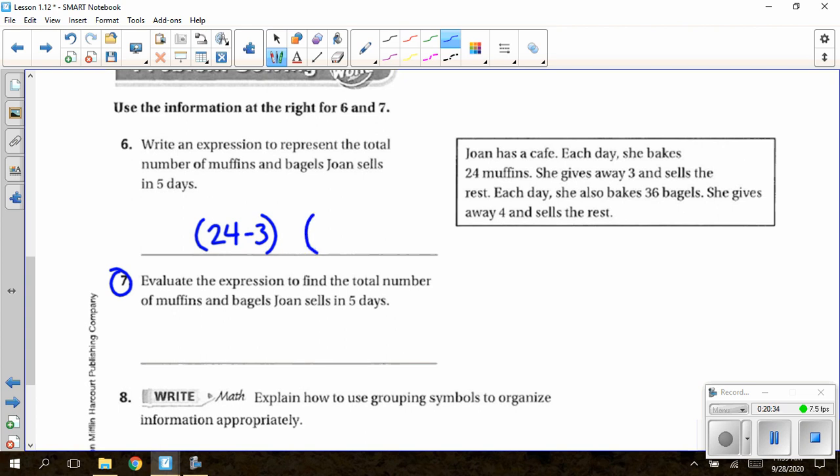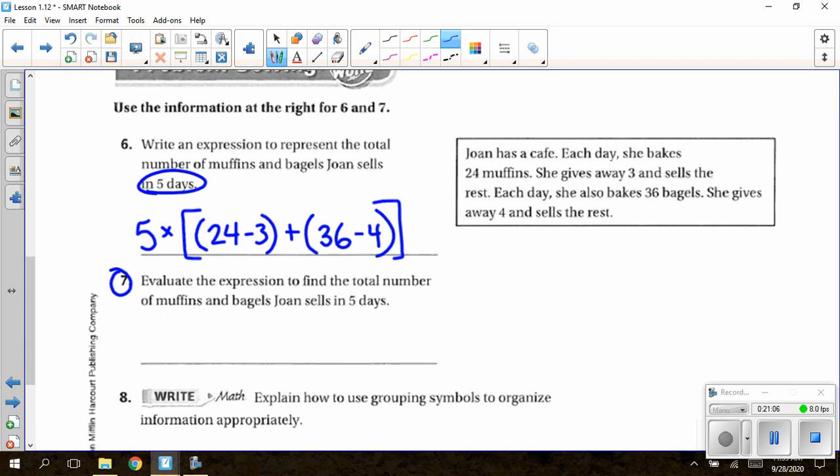We know she has 36 bagels that she makes, but again she gives away 4 of them, so 36 minus 4 in parentheses to show how many bagels she would sell in one day. Now to find our total, we know we would have to add those 2 together. But notice we're supposed to be doing this for 5 days. So I am going to place that in brackets. And then once I solve both of those sets of parentheses, I'm going to multiply my answer by 5.